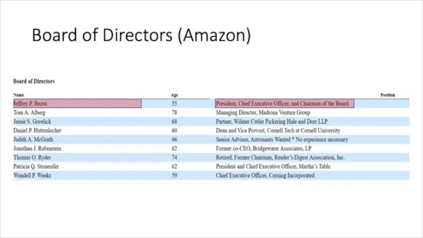He is a chairman of board of directors and CEO. So Jeff Bezos' power is really unimaginable. He's really king of this organization, which is a little different from other public organizations like GE or even Apple. Tim Cook is CEO as well as a board member, but he's not as powerful as Jeff Bezos because he's not major owner of Apple.